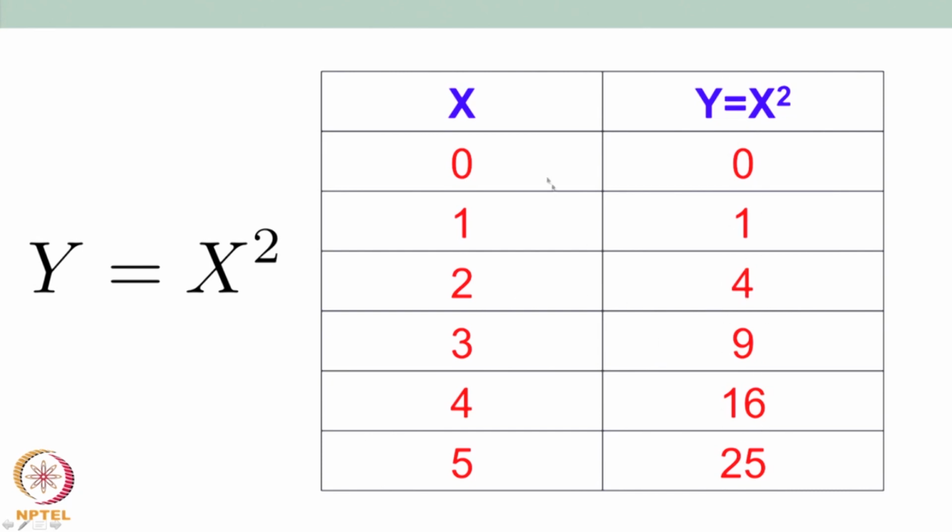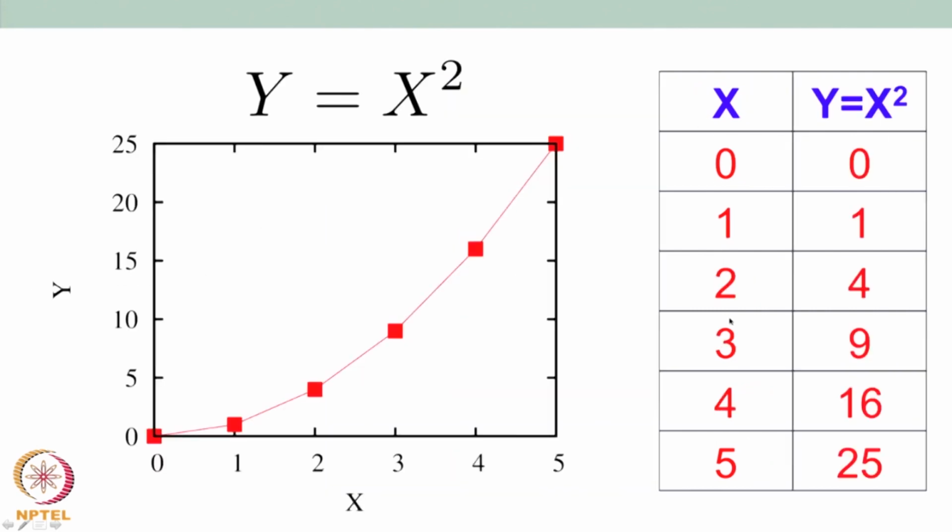And we can plot x versus y, and the plot would look like this, where in the y axis we have the second column, and the x axis is the first column here.